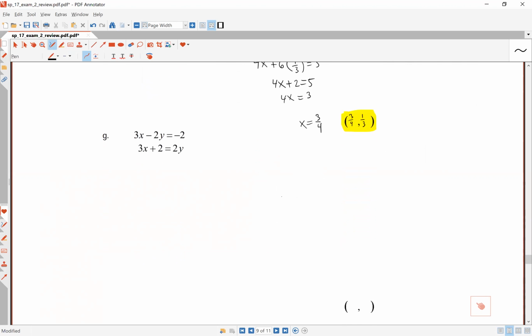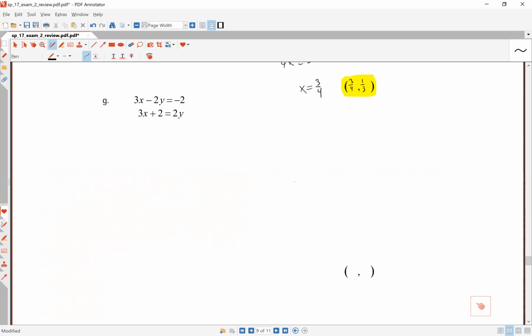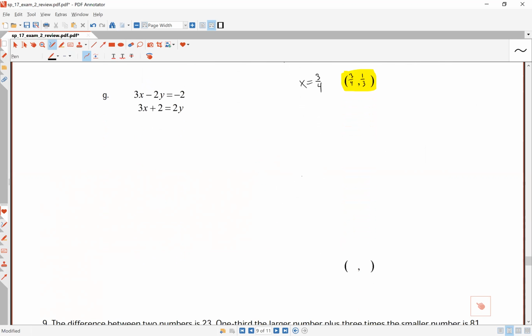Letter G. We see that the equations are not lined up, so we want to get them all in the same form. The first equation looks good. The x's and y's are on the same side. The second equation doesn't, so I'm going to subtract 2y from both sides, giving me 3x minus 2y, and then subtract 2 from both sides, and now we have a negative 2 on the right.